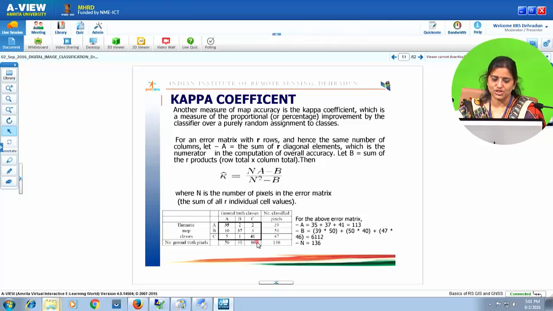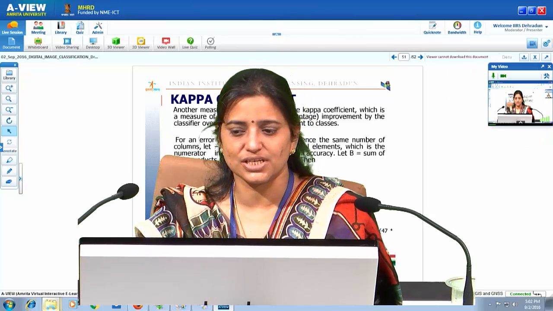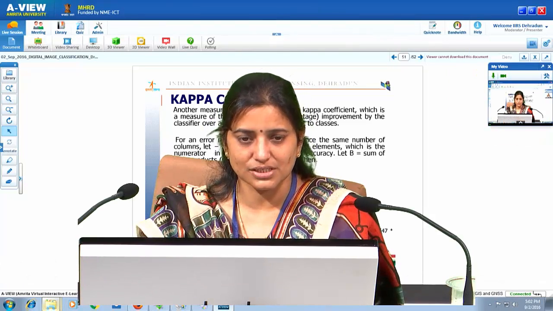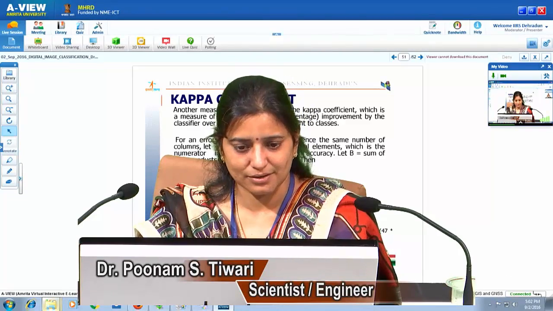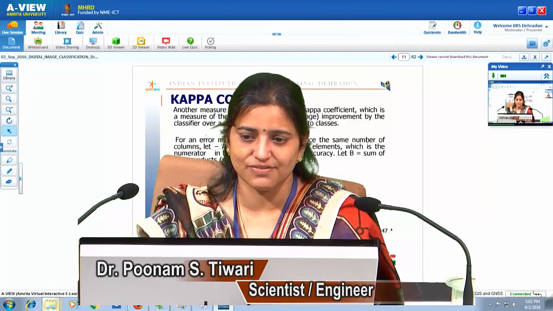Kappa is also tested statistically. So these are the methods by which we can assess the accuracy of the digital classification. So this is what is there in digital image classification.